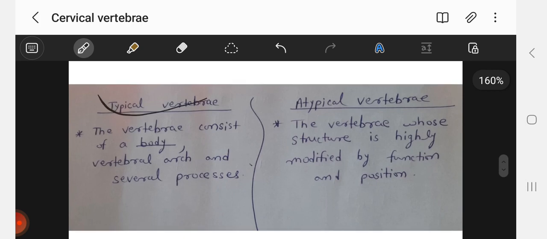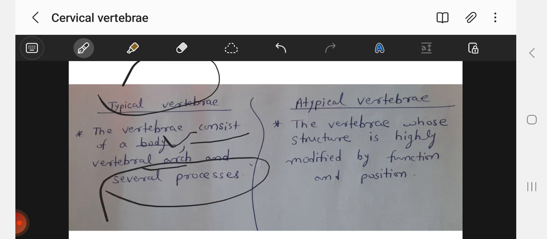Typical vertebra. A typical vertebra consists of a vertebral arch, a body and several processes, like transverse processes and spinous processes. In the last video I discussed all the processes which are there in a vertebra, so you can go and watch there.